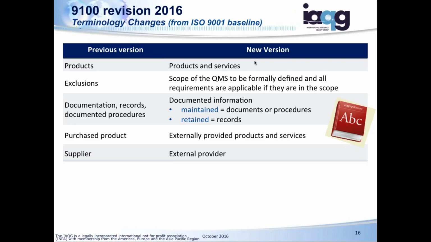Now, does that mean that you need to go change your documents to say, wherever I have a record and a procedure, now I'm going to call it retained documented information? Absolutely not. Just like probably when you had critical items in the last standard, you didn't go change your fatigue, fracture, critical parts.